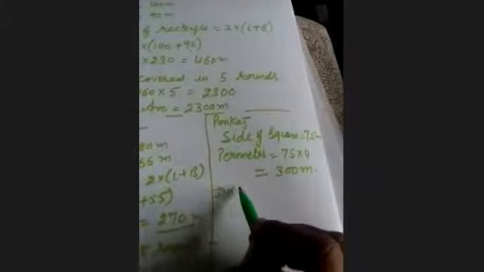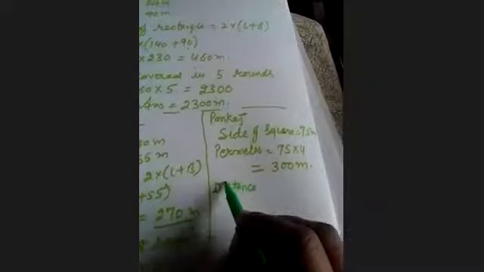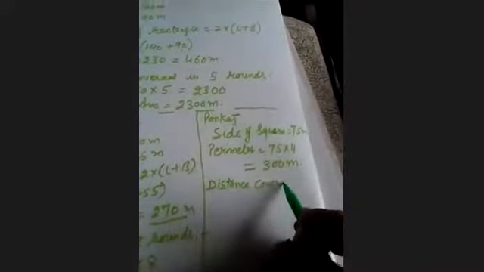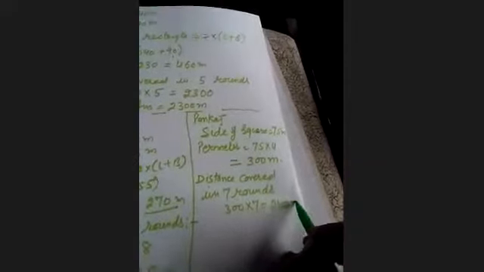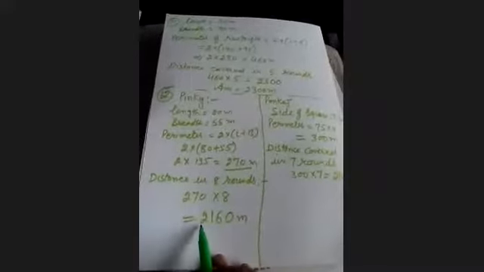Now distance covered in 7 rounds. 300 multiplied by 7, that is 2100 meter. So students, distance covered by Pinky is 2160 meter, and distance covered by Pankaj is 2100 meter.